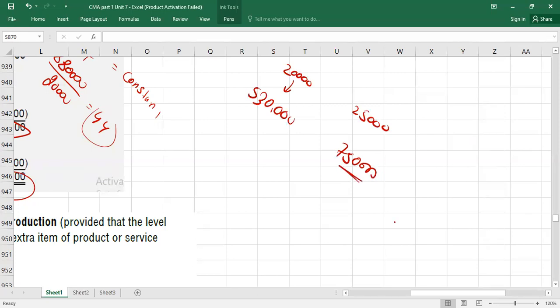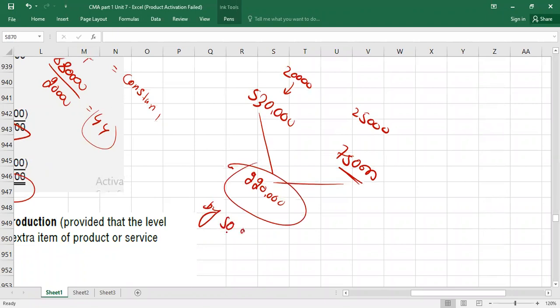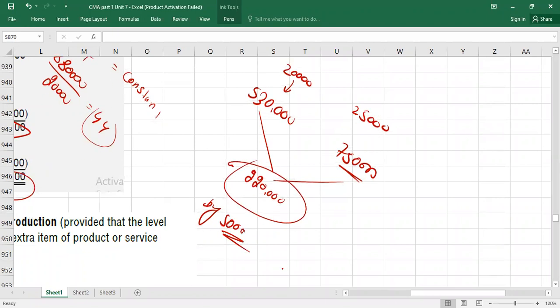If I ask what is the increase in operating income by selling the extra 5,000 units, I will take the difference of these two values, because this difference is arising due to the increase in sales. The difference will be my answer, 220,000. So this is the increase in operating income by selling 5,000 extra units. Understood? Clear?